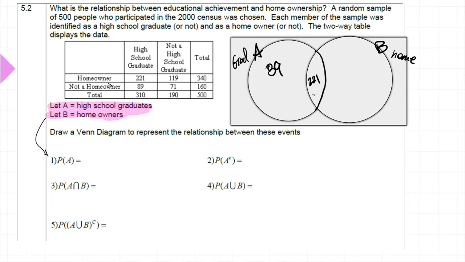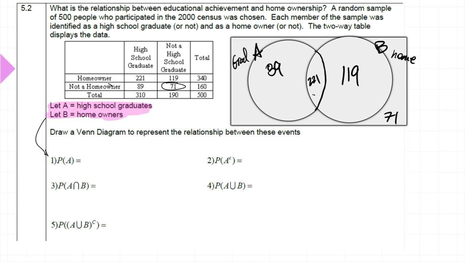We have 119 who did not graduate high school, so they can't be inside circle A, but they are in circle B because they do own a home. And then we have this one right here. This is not a high school graduate, so they're not in circle A, but they also are not a homeowner, so they can't be in this circle either, so they're in this space on the outside, so we'll just write 71.